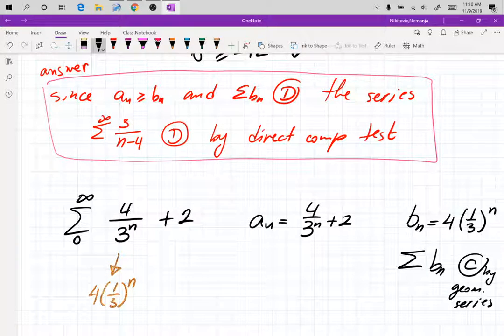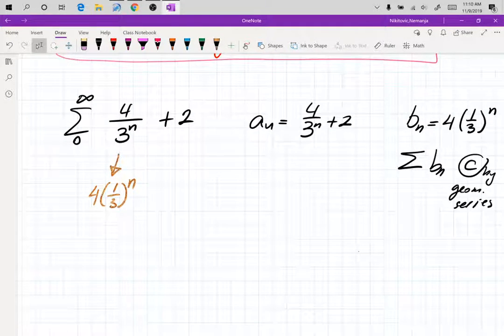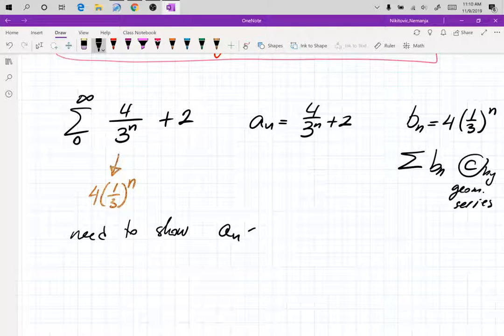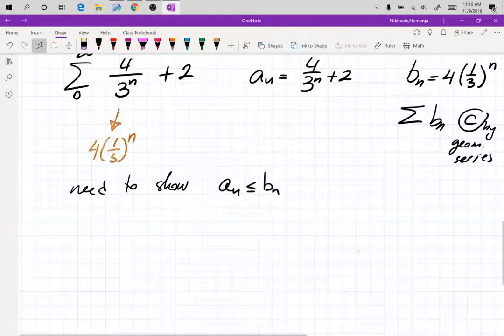So we are trying to establish convergence, and if you're trying to establish convergence, you need to show that an is smaller than bn. Now that we did 2 examples, I'll explain this more.